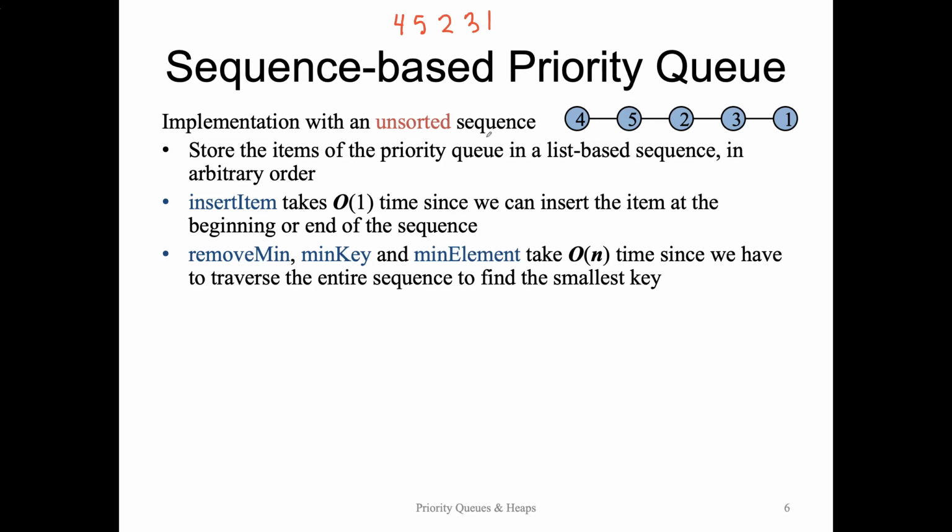We would just insert items as we get them. So if we're asked to insert 4, and in this case, I'm just showing what the keys are, okay? So we insert an item with key 4, we insert that item key element pair as the first element in our unsorted sequence. And then 5, so we put 5 next, and then 2, and then 3, and then 1. So there's no order associated with this.